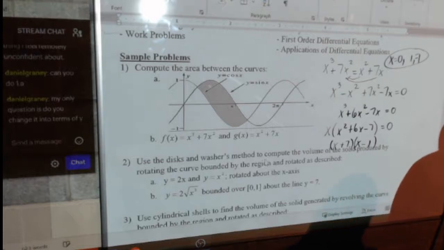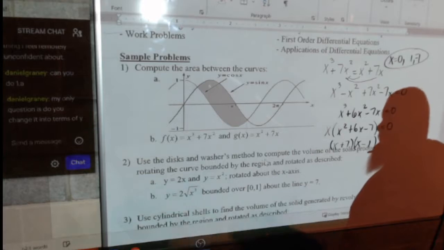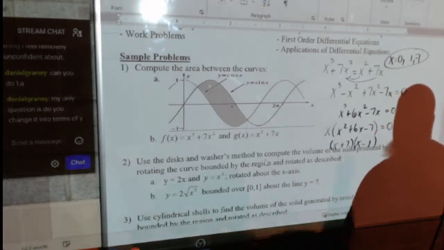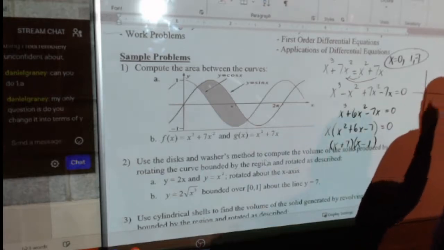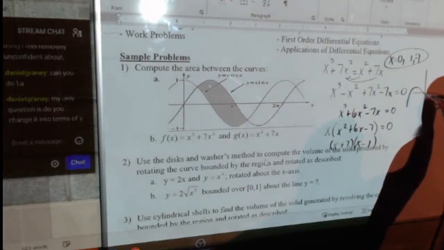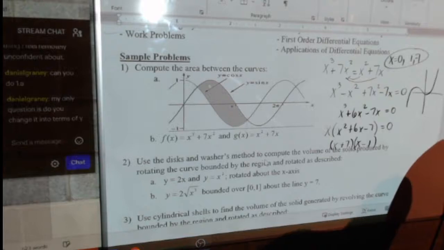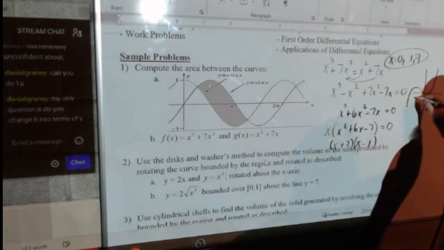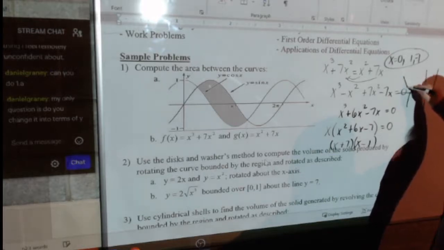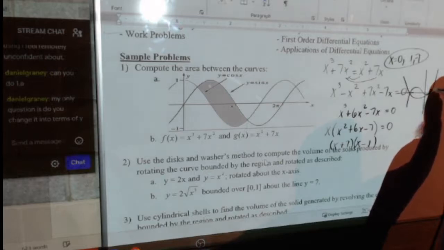Alright, so the graph looks like this. And then we've got the parabola, which I assume looks something like that.